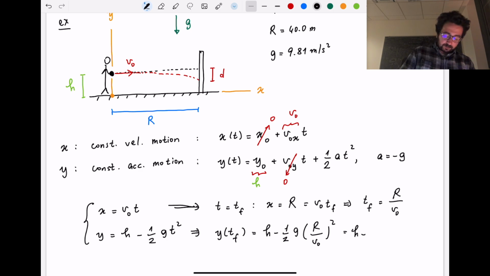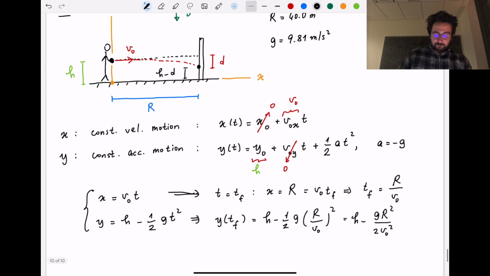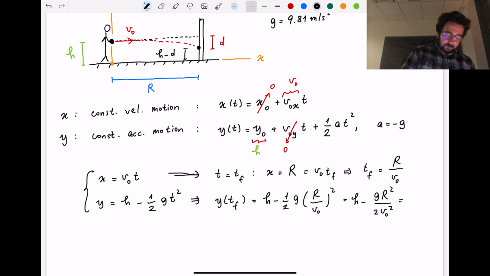So we have h minus g r squared over 2 v0 squared. Now at the end of the motion, our object is here at a height given by h minus d. So this must be equal to h minus d.